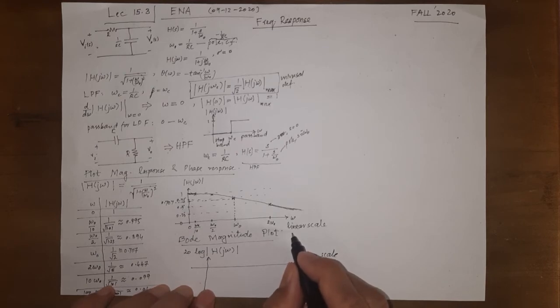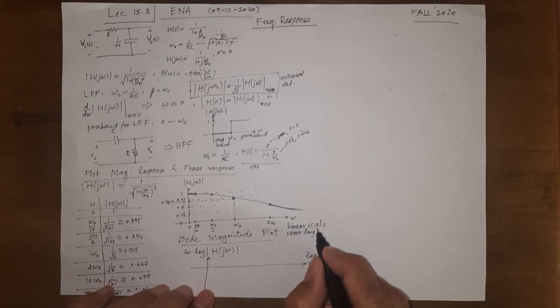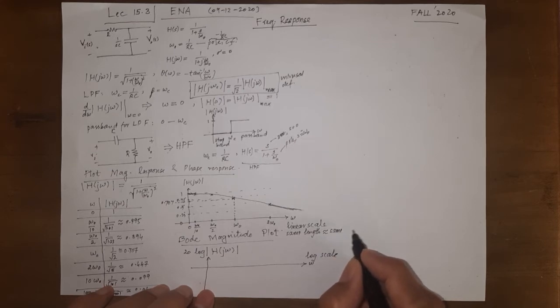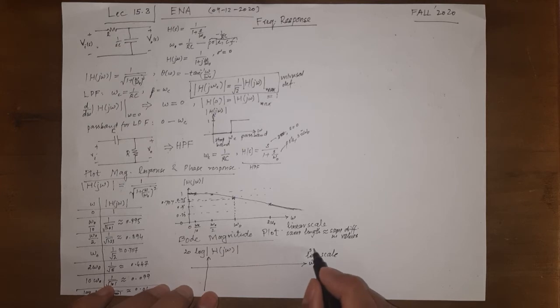In a linear scale, the same length on the graph shows the same difference in values. On a logarithmic scale, the same length shows the same ratio between values.